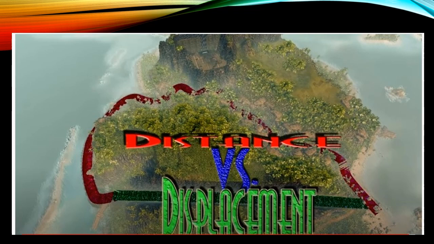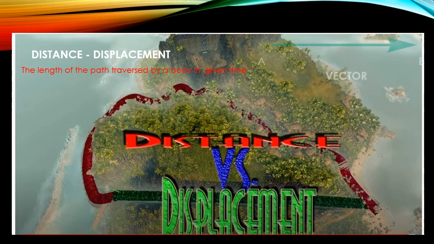If you are able to cut through the rocks and reach the same point, then the green path will give you the displacement. Then what is distance? Distance is the length of the path traversed by a body in a given time. Whatever the curves may be, the total length is called the distance.